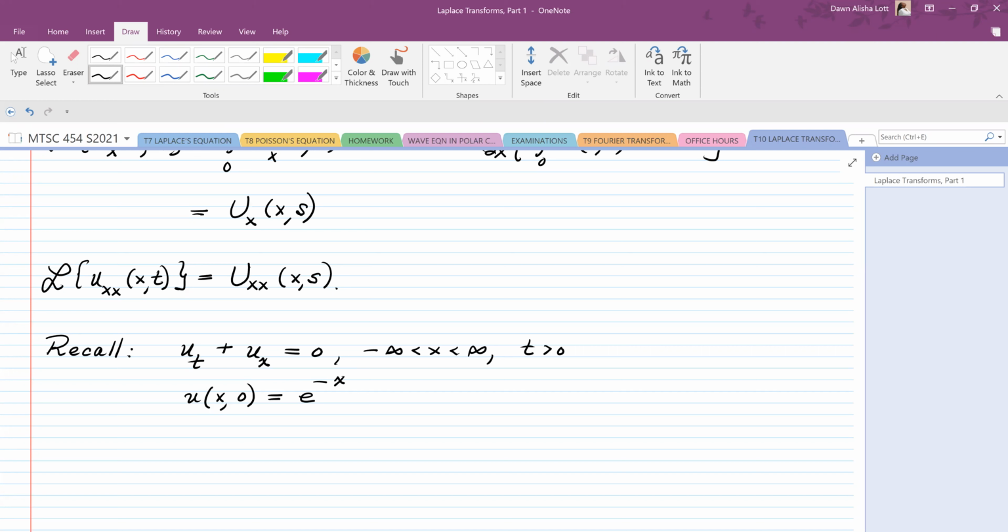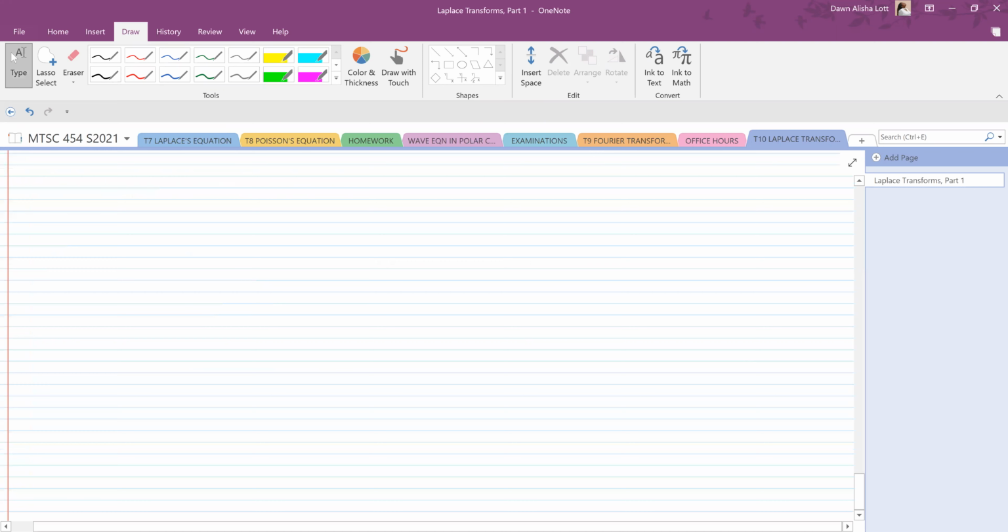Okay. This example does not show you why you would want to use the Laplace transform. The Laplace transform is a very nice way to solve some problems, but this example does not promote it. You're going to be like, there's no way I would use the Laplace transform ever. But in many problems, it is wonderful. It's not in this one.